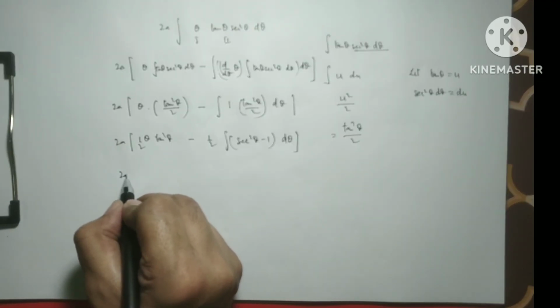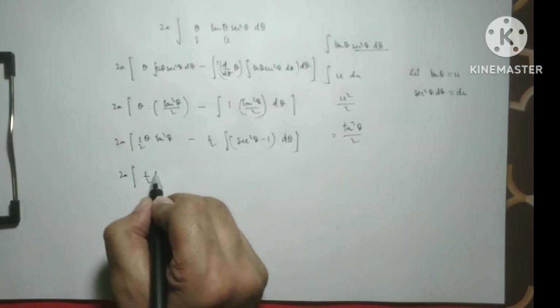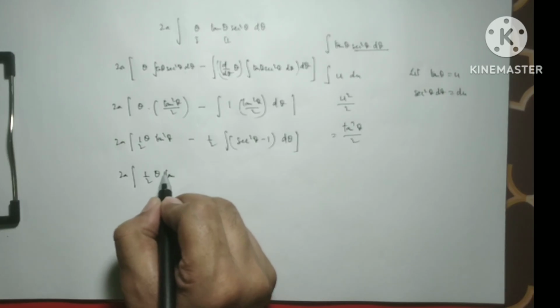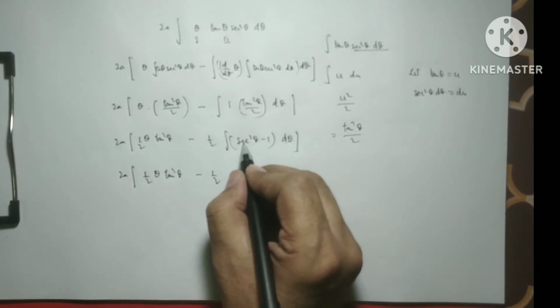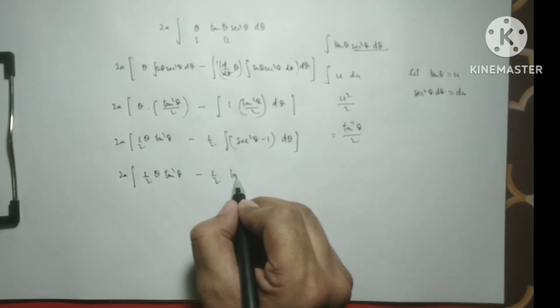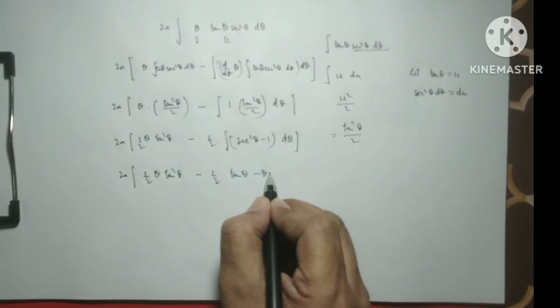So it becomes half theta tan square theta, and this is half integration of sec square theta is tan theta, and it is theta.